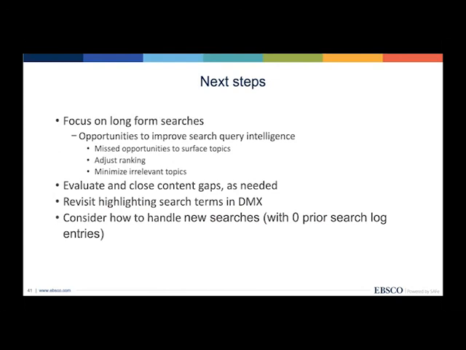We can also minimize or remove irrelevant topics at the bottom that users may get frustrated with because they don't see how they relate to their query. We can also evaluate and close content gaps as needed with the medical writers. We can also revisit highlighting search terms in Dynamed, which will allow users to see how their term appears in the content more easily, as opposed to having to click on the topic.